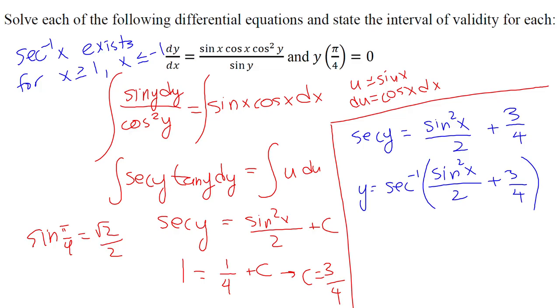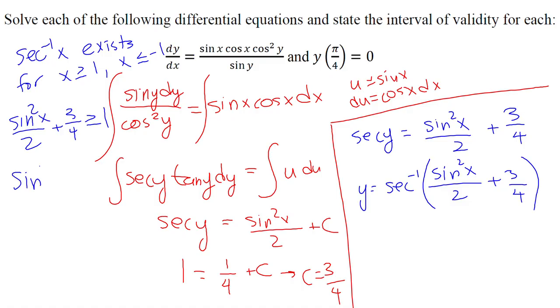We just need to figure out when is sine squared x over 2 plus 3/4 greater than or equal to 1. So we'll use a little bit of space over here to figure that out. We want sine squared x over 2 plus 3/4 to be greater than or equal to 1. So we just solve this. We get sine squared x over 2 is greater than or equal to 1/4, or sine squared x is greater than or equal to 1/2.